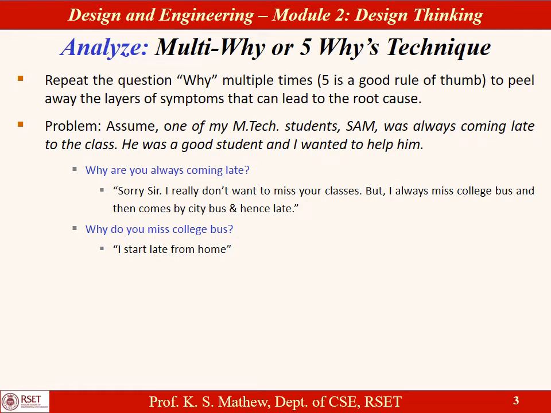So the family is financially stable. If I suggest a solution immediately after listening to this answer from Sam, suppose I ask him, why don't you ask your father to buy a bike for you, so that you need not depend on the college bus and you can come to the class on time, right?